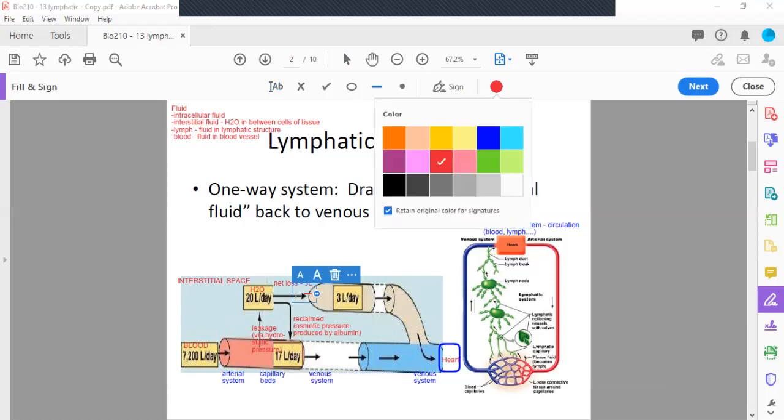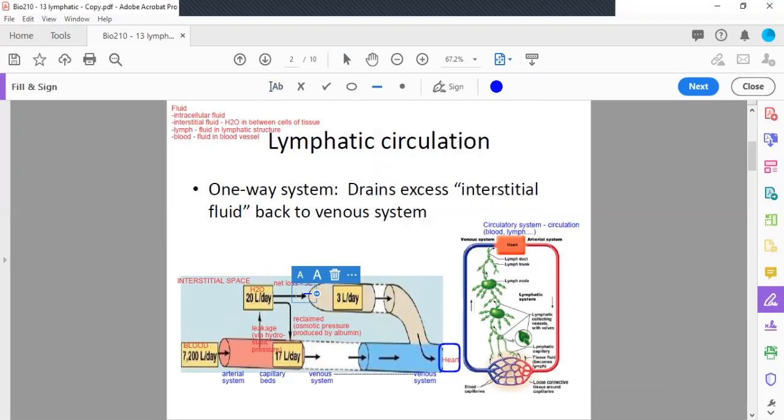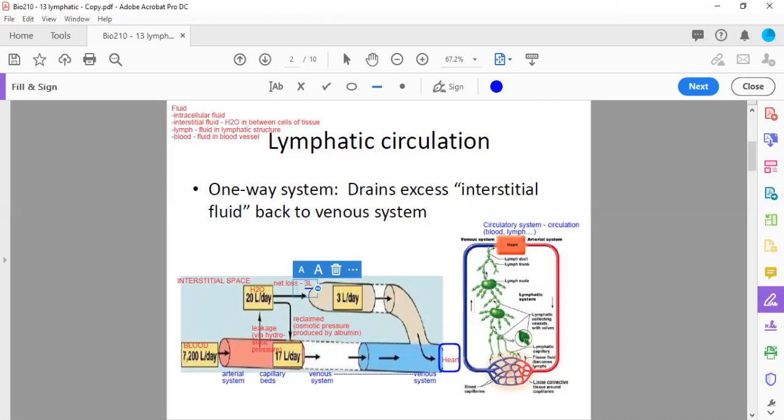Just keep in mind this interstitial fluid, when you have an excess of this fluid, causes what's called edema. And when you have edema, it swells up. That's what it means. So the 3 liters of volume that we have based on this image must be brought back into the venous system. So the same volume that leaves the heart will come back into the heart.